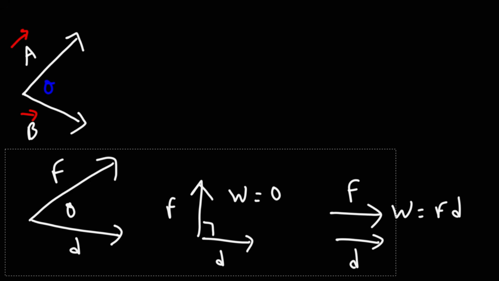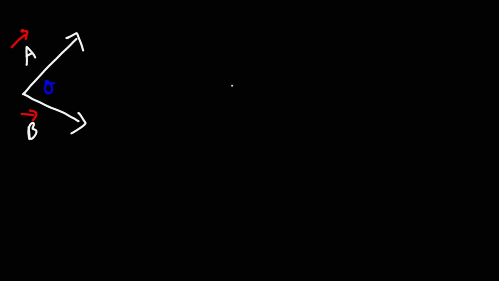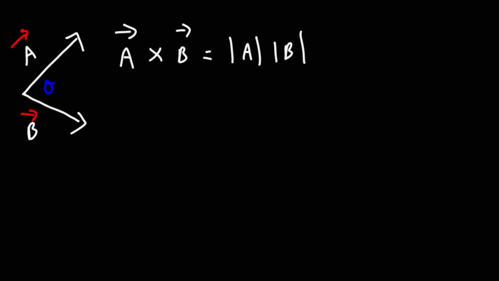Now there's another way to multiply two vectors, and it's the cross product. So this is the vector cross product formula. A cross B is equal to the magnitude of A times the magnitude of B, but instead of cosine theta, it's now sine theta.